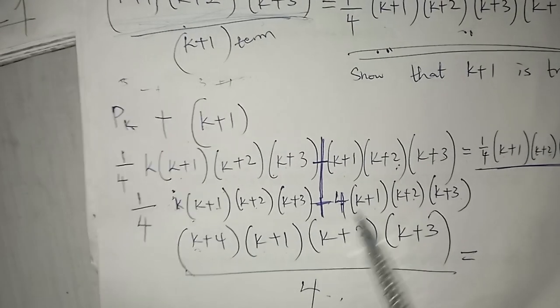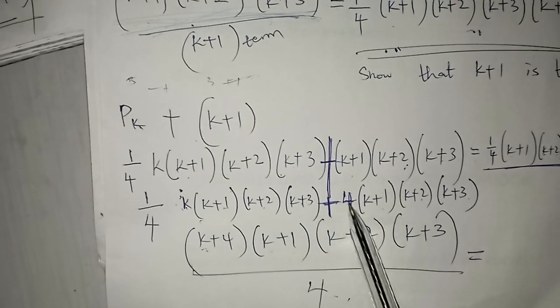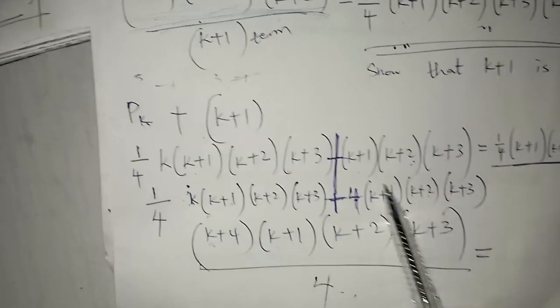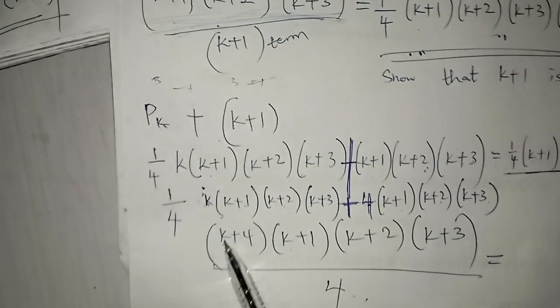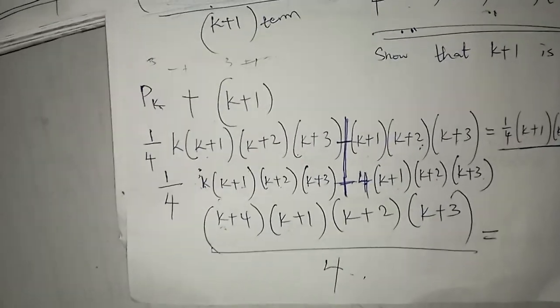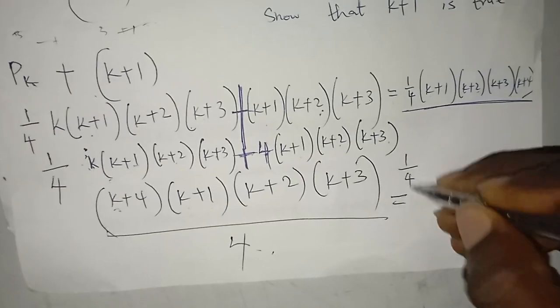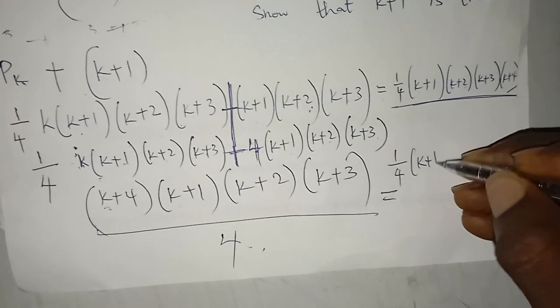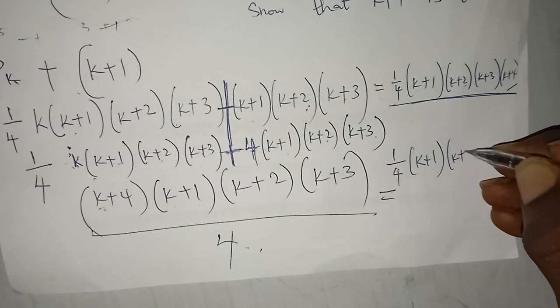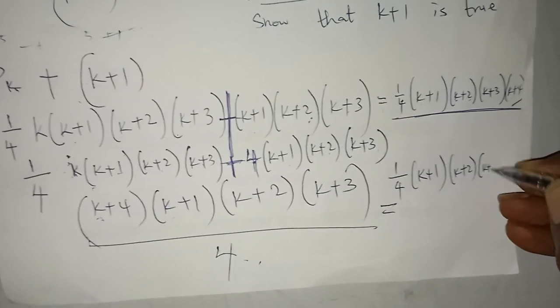And when it gives you with the plus, everything on the 4 side will still move this way, and everything on the k side will still move this way. So that is how we got that. So 1 is equals to 1/4 k plus 1, k plus 2, k plus 3, k plus 4.